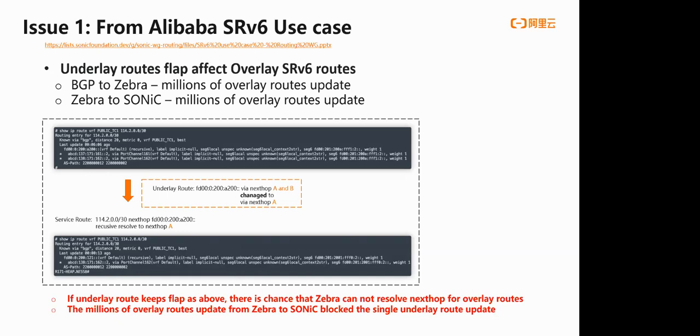And we want to make sure that when that IGP membership changes, you're not updating those millions of routes again. That's the fundamental thing, right? So it might be easier to talk about this in the context of plain IP first, and then bring in the MPLS or SRv6 use cases.